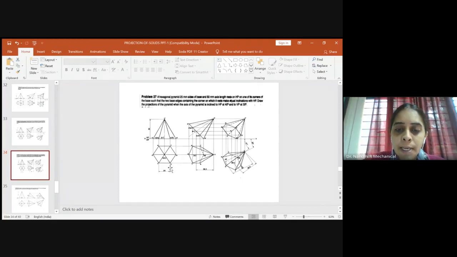Okay, and here B and F will be along the same line. When the observer views from here, B will be visible and F won't be visible. So we'll write it as B dash and F dash within the bracket. So when the observer views from here, A will be visible. So we'll write it as A dash. So O1 dash, it is not visible, and hence we have written O1 dash here, and O will be visible, and hence you will write this as O dash.